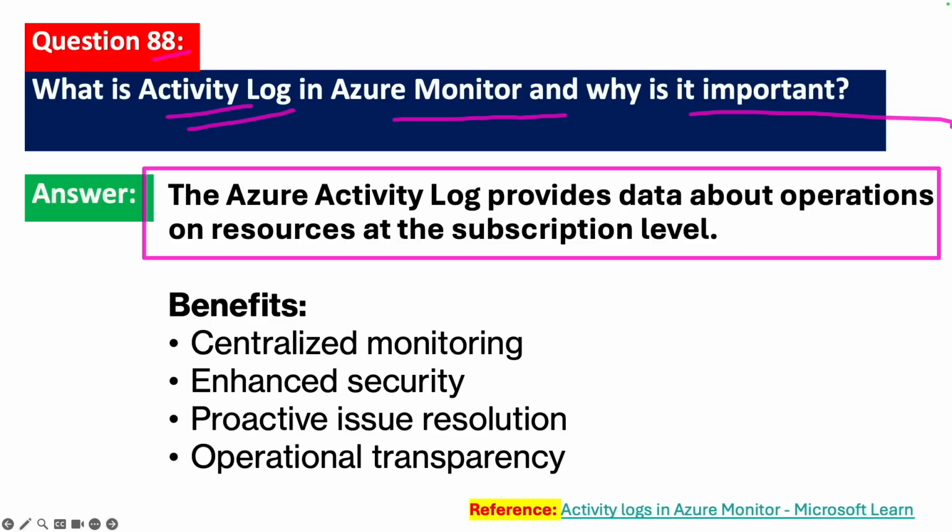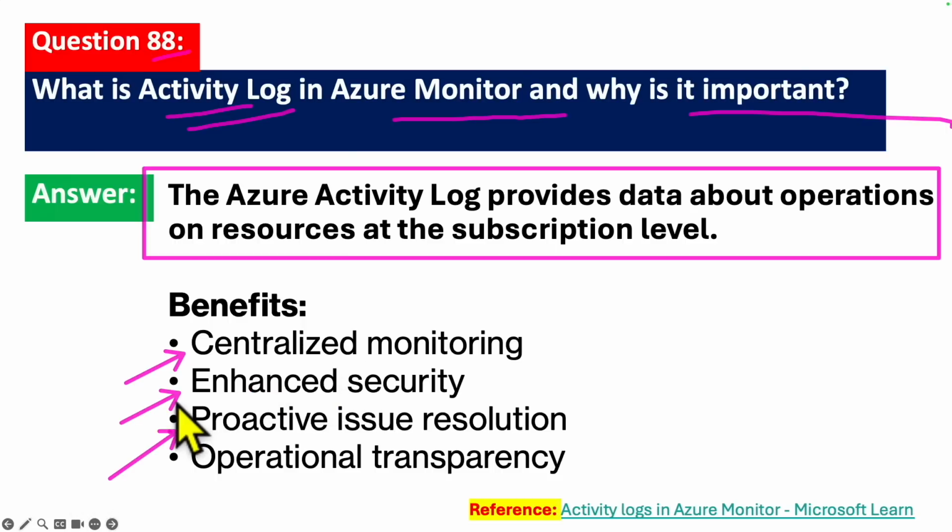What are the key benefits of the Azure Activity Log, or why is it important? Let's look at the benefits first. It offers you a centralized monitoring capability because it consolidates all activity logs in one place, making it easier to manage and analyze. Second, by monitoring admin operations, it helps you ensure that only authorized changes are made to these resources, thus enhancing security.